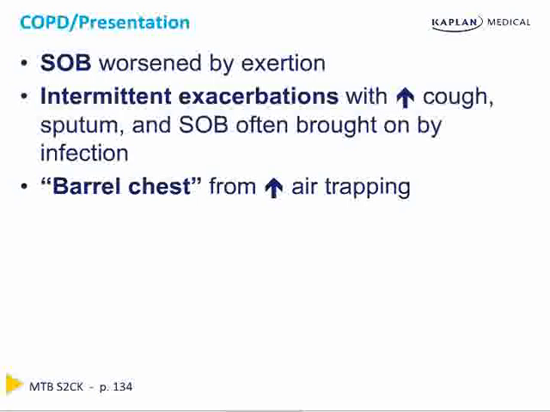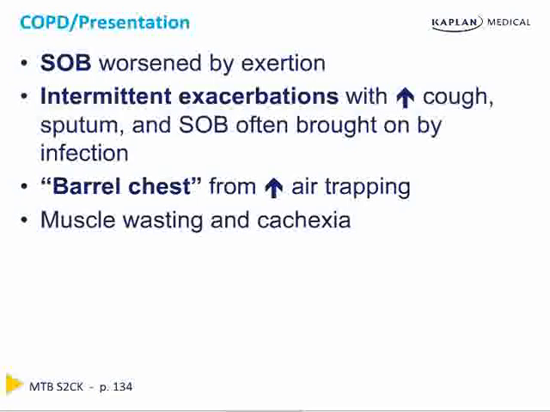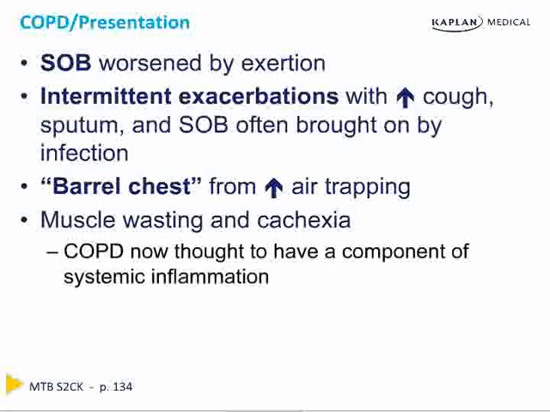This is again because of increased air trapping and the inability to effectively expire air. They often have muscle wasting and cachexia, and that's because, as we've learned more and more in recent years, COPD is actually an inflammatory disorder that can result in systemic symptoms such as wasting and cachexia.